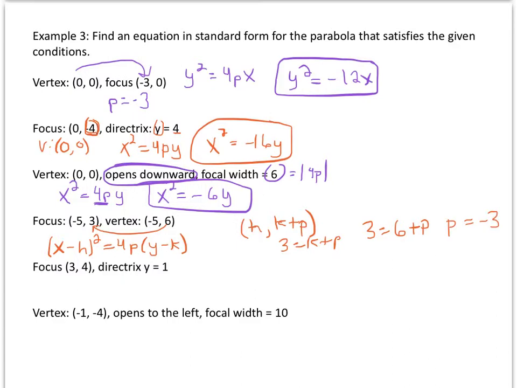Okay, and you could have gotten there faster than that, most likely. But p is -3, so now we can fill in this equation: x minus a -5, so x plus 5 squared equals 4 times -3 is -12, and then that's going to be y minus 6.